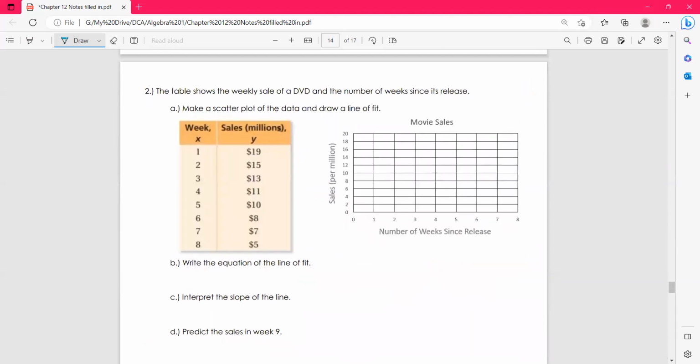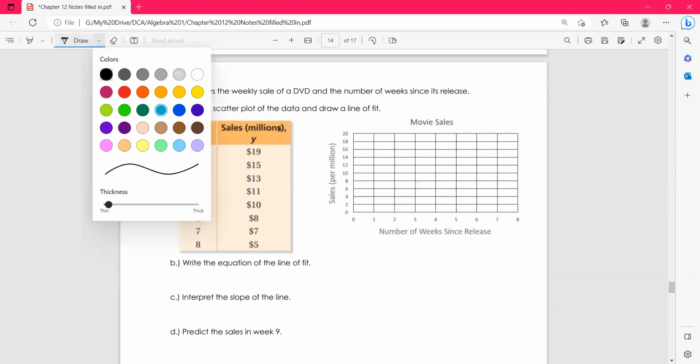The table shows the weekly sale of a DVD and the number of weeks since its release. Make a scatter plot of the data and draw a line of best fit. So let's do that first. Let's plot these points.